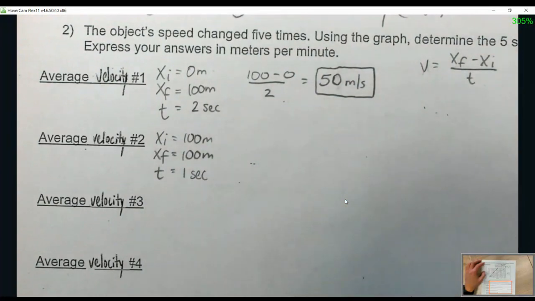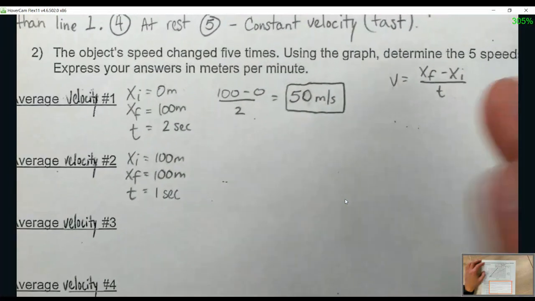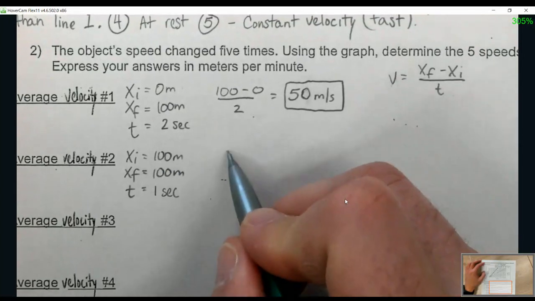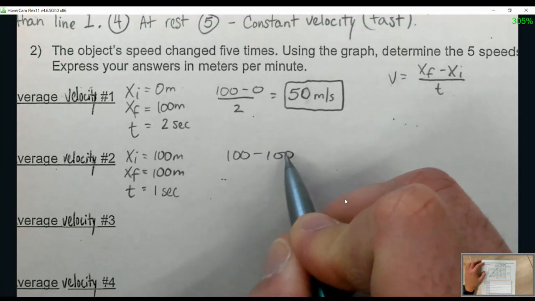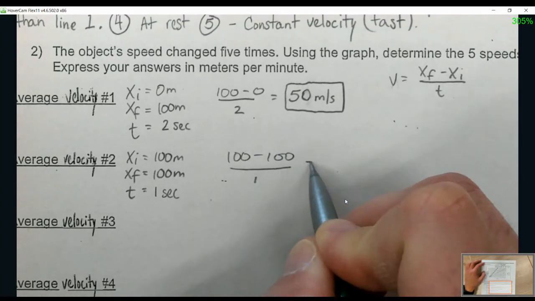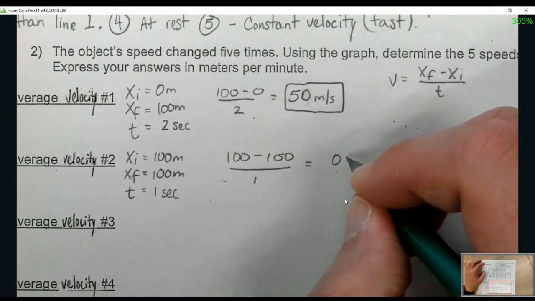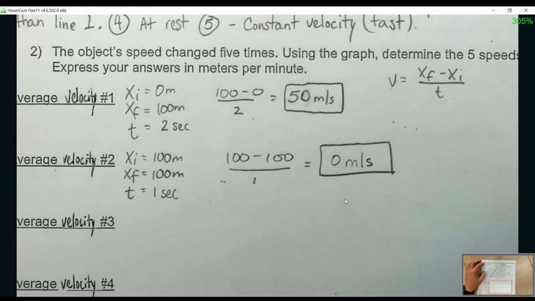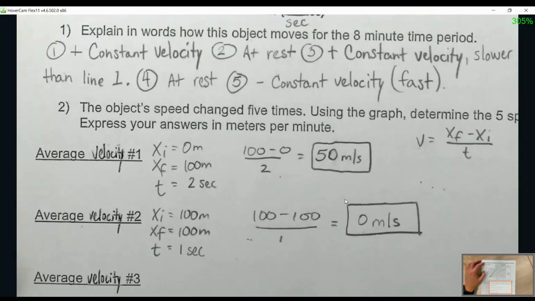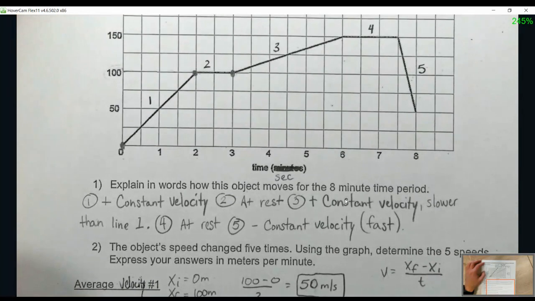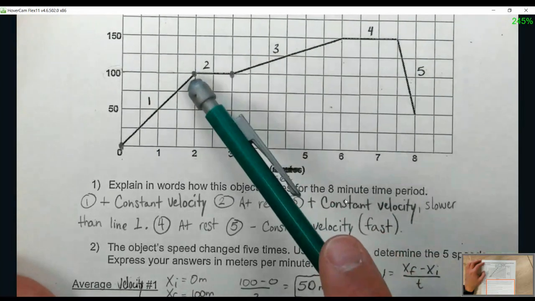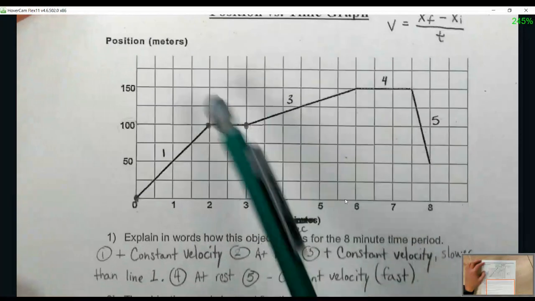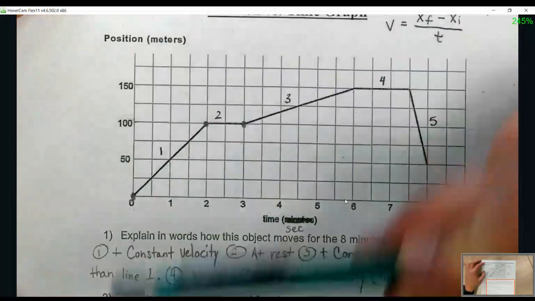Okay, so according to our equation, you do xf minus xi, so 100 minus 100 over 1. It's going to be 0. And that should make sense, because we should know from yesterday and the do now that flat lines on a PT graph, position-time graph, mean you're not changing your position.